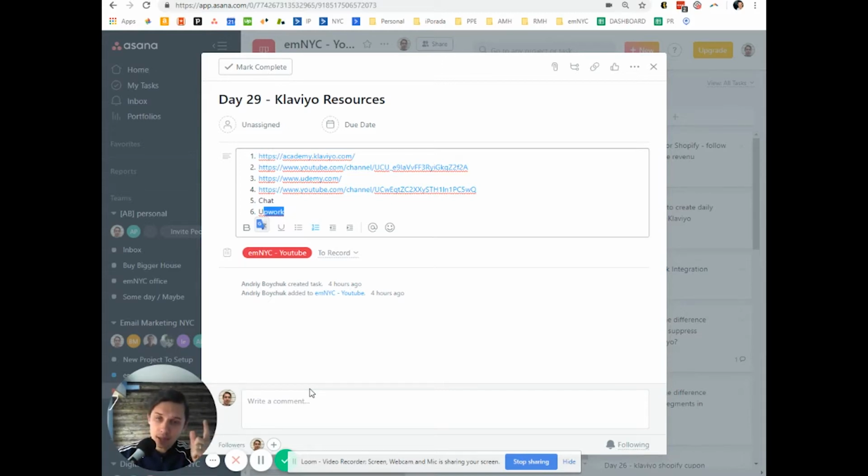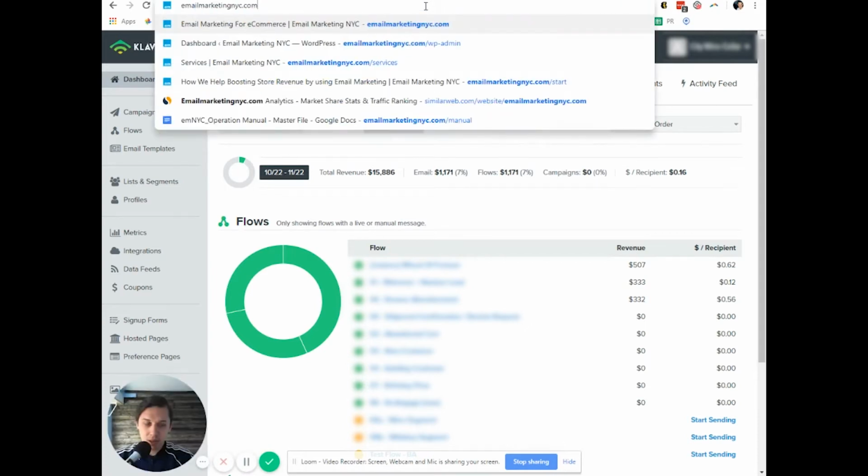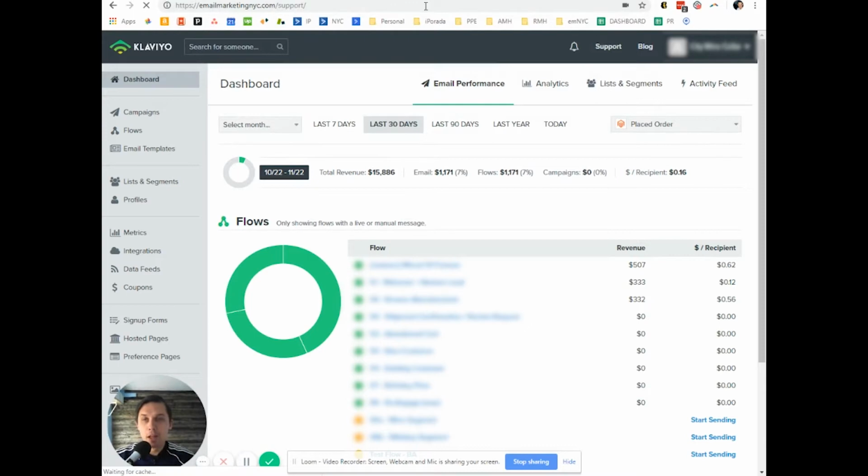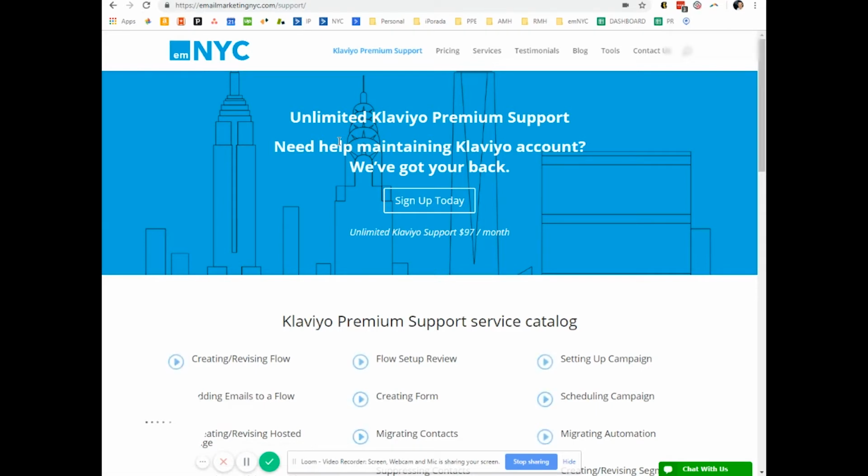And the last thing I forgot, we have Email Marketing NYC support. One of the services that we provide is support. It's unlimited support for your technical issues, anything you want us to do.